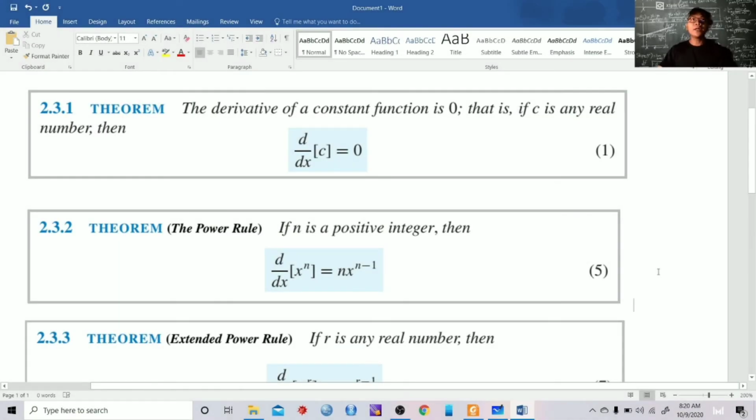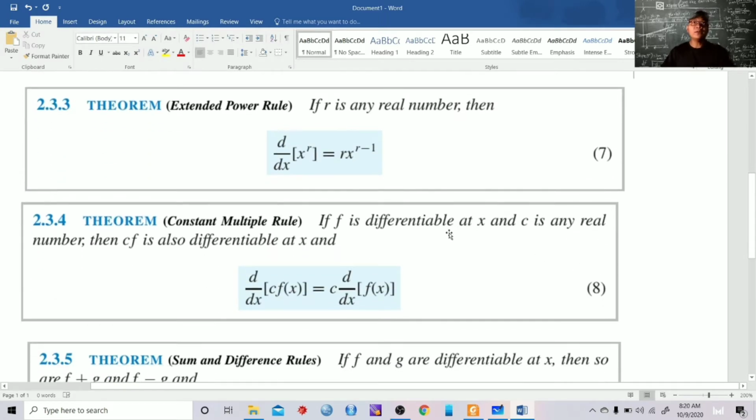Alright, so here are some properties of the derivative. For the first one, the derivative of a constant function is 0. The second one, if n is a positive integer, then the derivative of x to the n with respect to x is equal to n times x to the n minus 1.